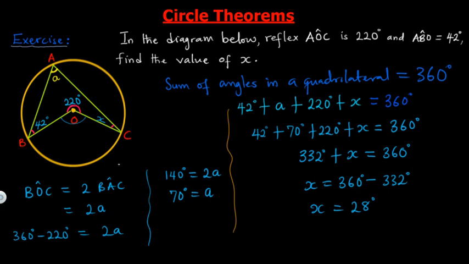So you can see how we've been able to use the knowledge of the theorem that says the angle subtended by an arc at the center of a circle is twice the angle subtended by the same arc at any point on the circumference. Yes, that is very interesting.